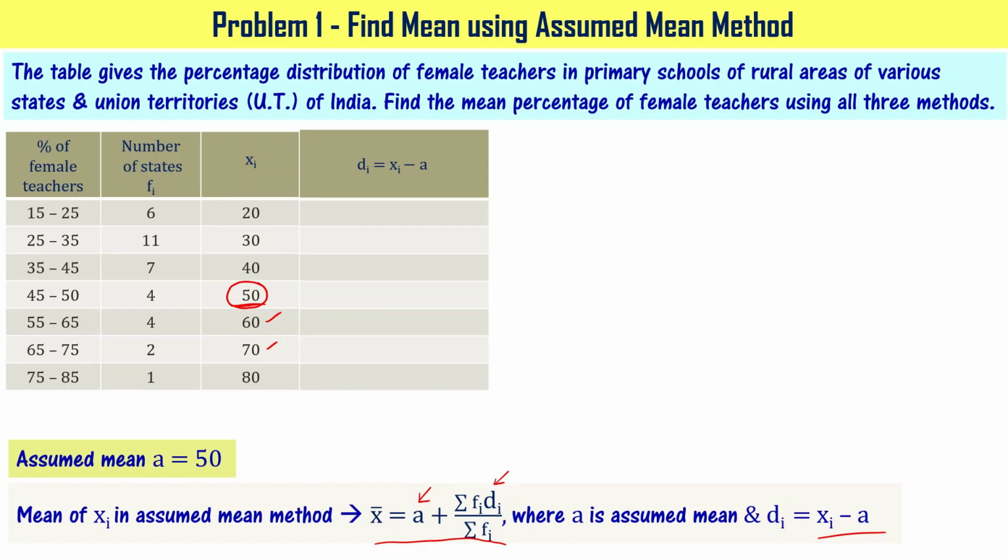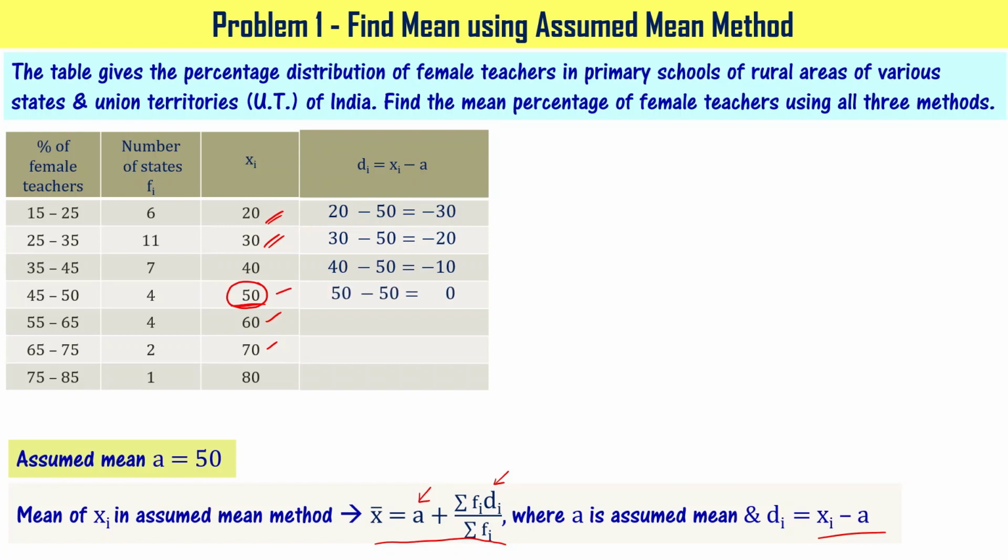Xi for the first class is 20 and assumed mean is 50. It means di is going to be 20 minus 50, that is equal to minus 30. For the next class, it is going to be 30 minus 50. For the next class, it is going to be 40 minus 50. For this particular class, it is going to be 50 minus 50.